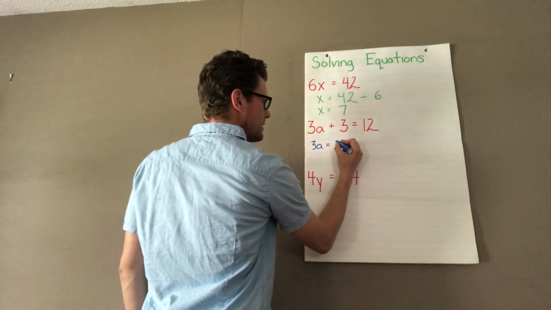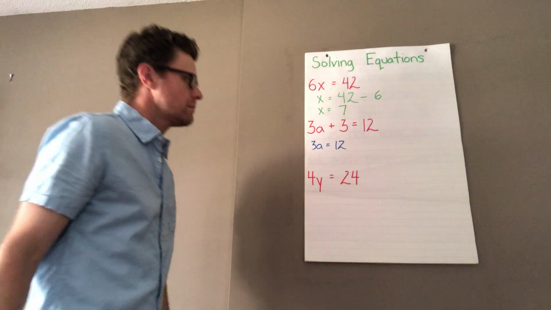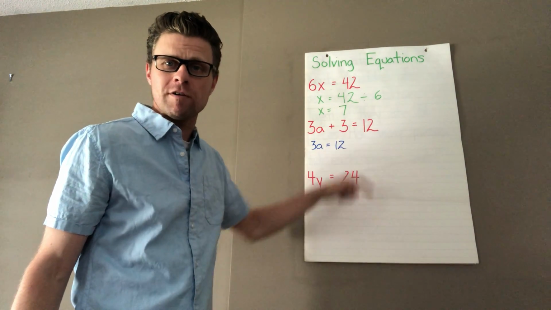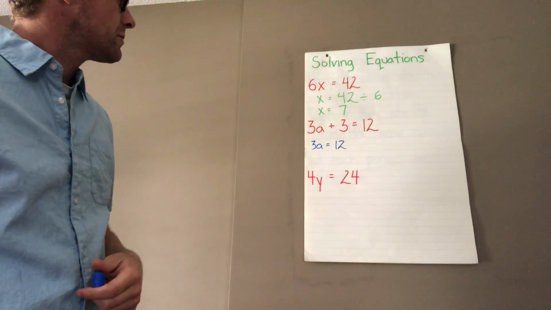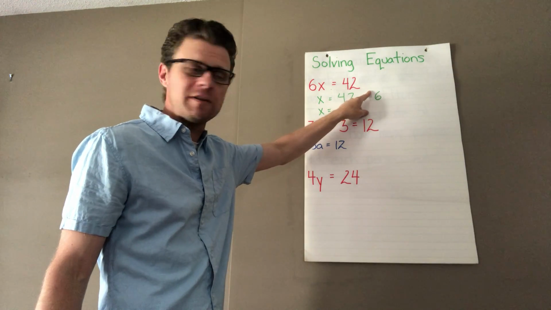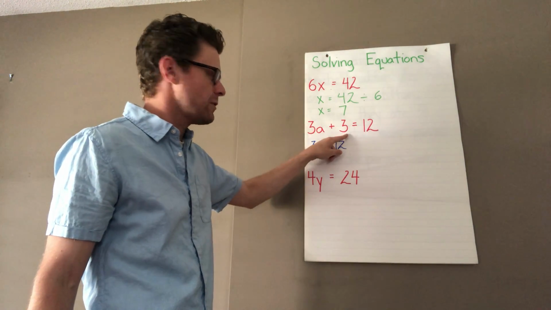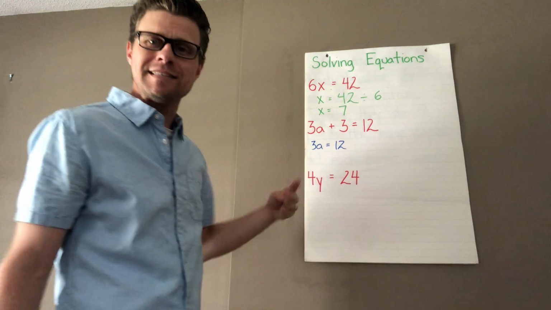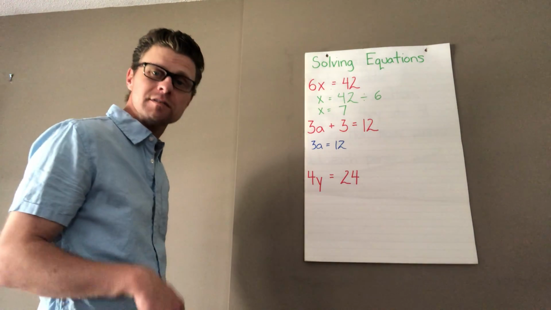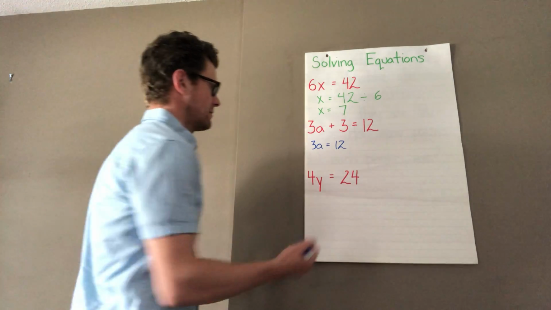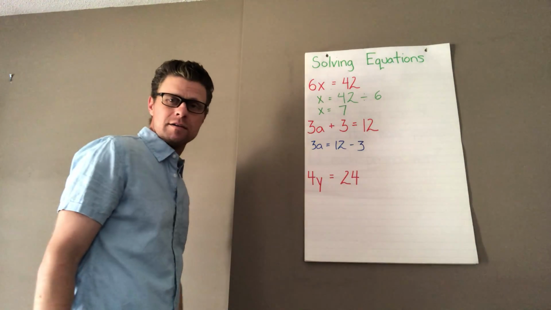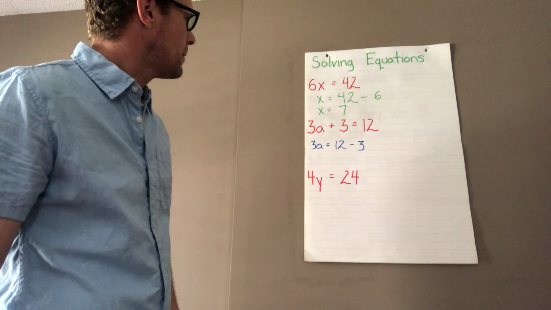Our 12 is going to stay the same. But our 3 is going to come over to the other side. So just like when we switched the multiplication up here to division when we moved it, we're going to do the same with this 3. But since it's adding, we're going to switch it to the opposite of adding, which is subtracting. So 3a equals 12 minus 3.